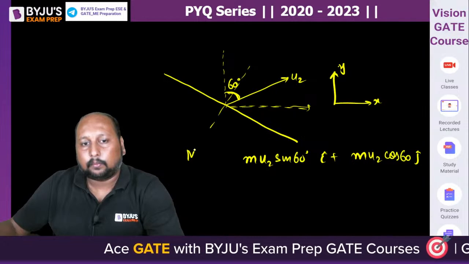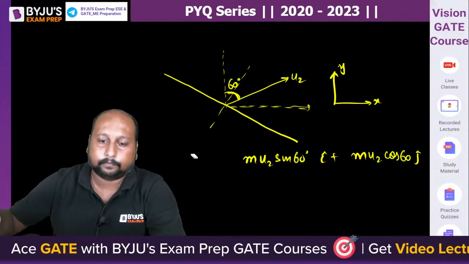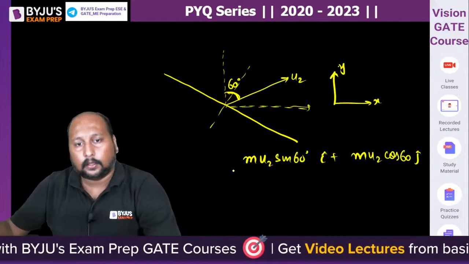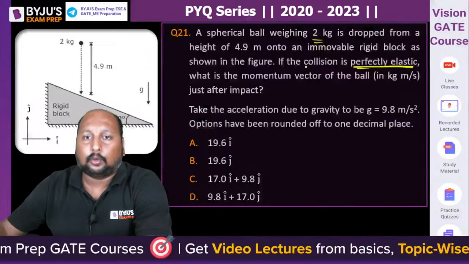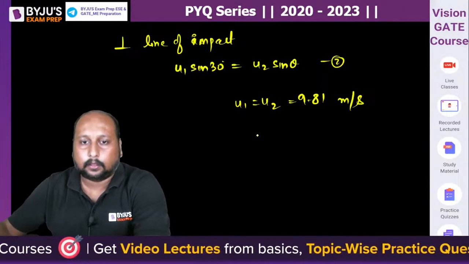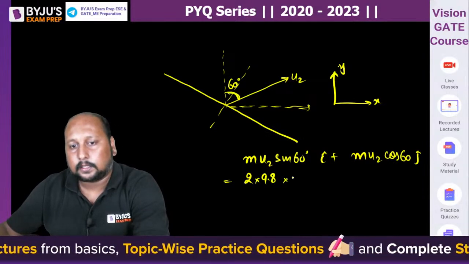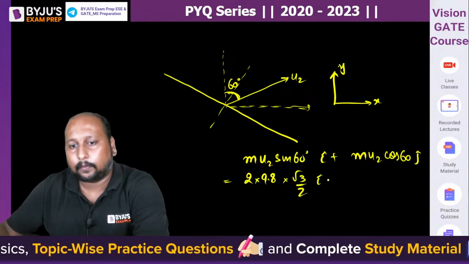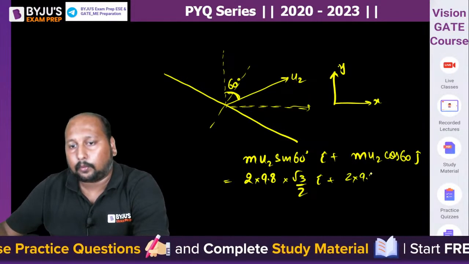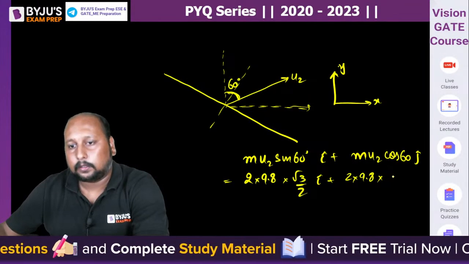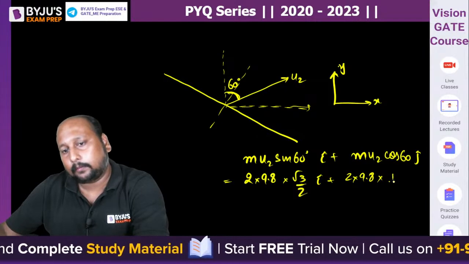This is the final momentum. Okay, what is mass? Mass is equal to 2 kg. So this is 2 into 9.81 sin 60 is root 3 by 2 I cap plus 2 into 9.81 cos 60 is your 1 by 2.